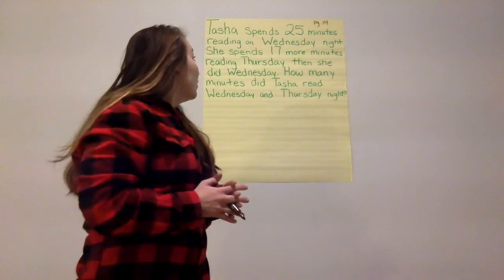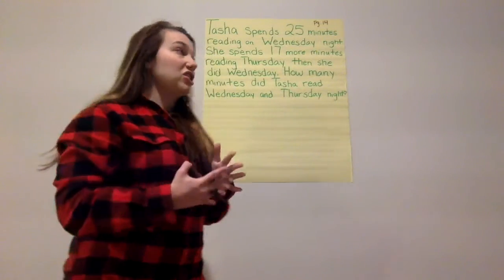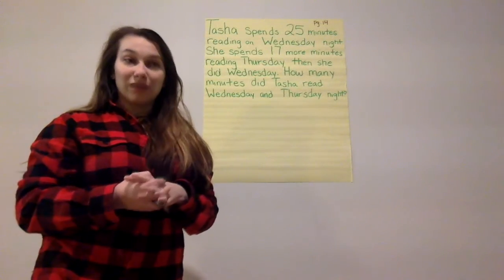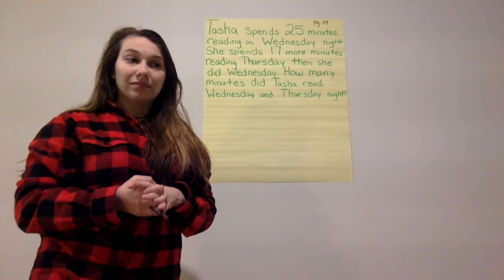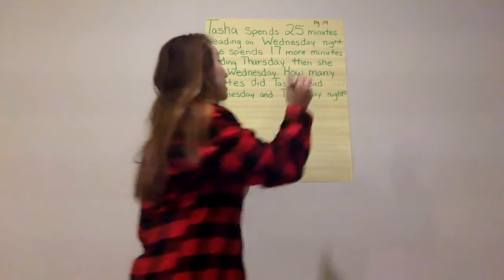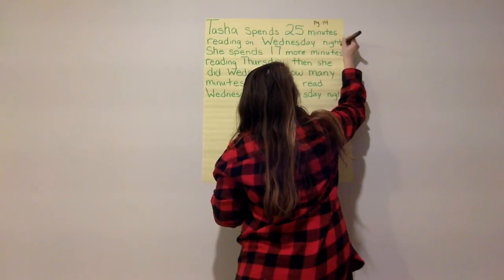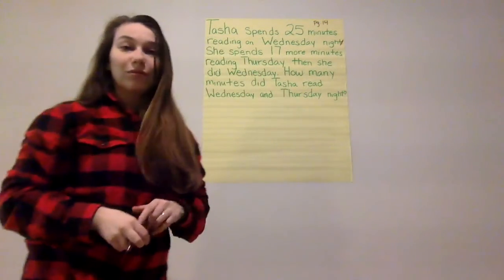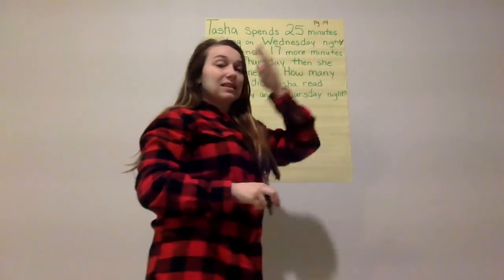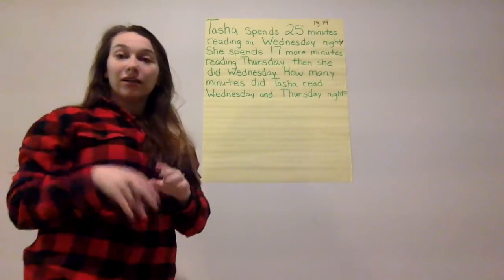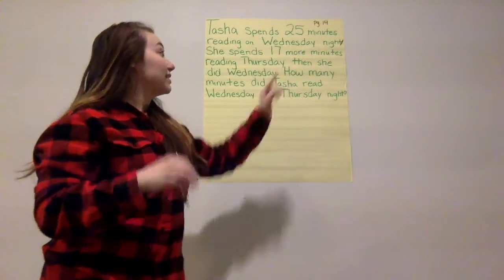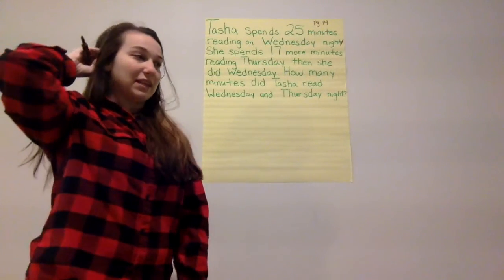All right, so is it important to know that she spends 25 minutes reading Wednesday night? Yeah, it is. So I'm going to take my marker and I'm going to slash right at the end of this sentence. Slash, put a chunk. I just do a nice dash because it helps me separate.